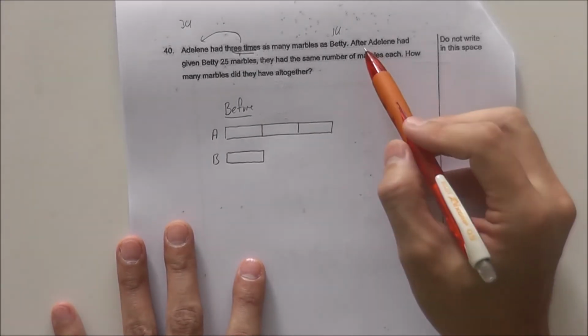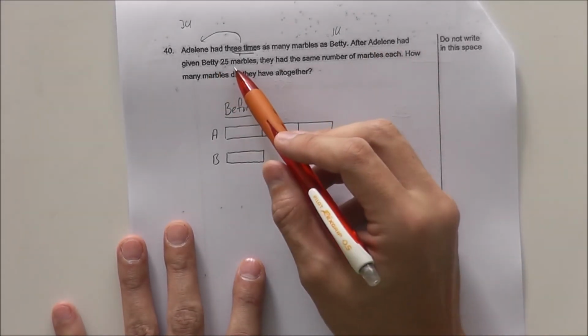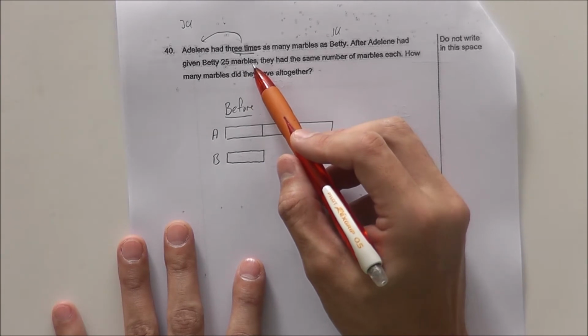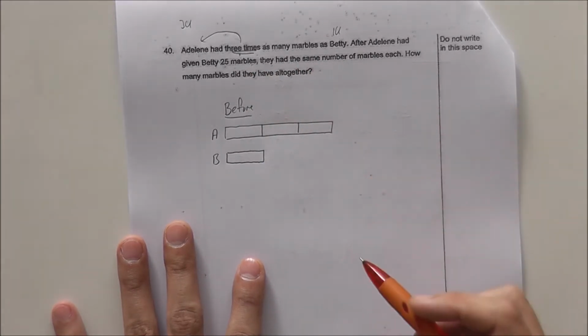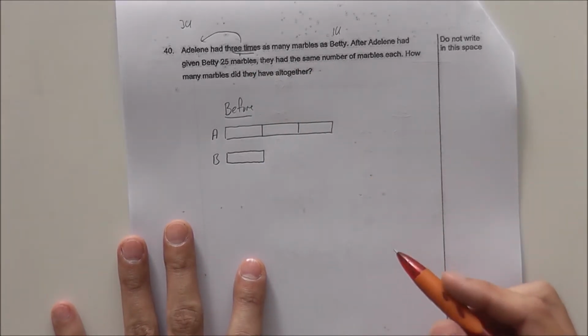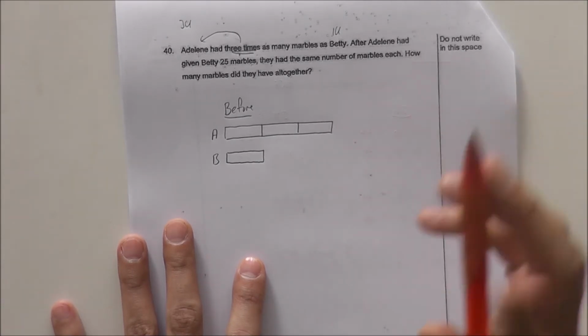Next, after Adeline gave Betty 25 marbles, they had the same number of marbles each.